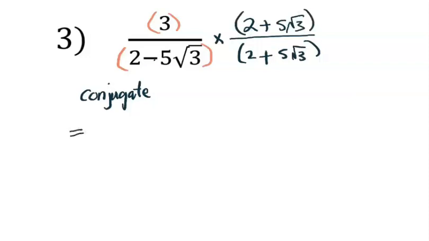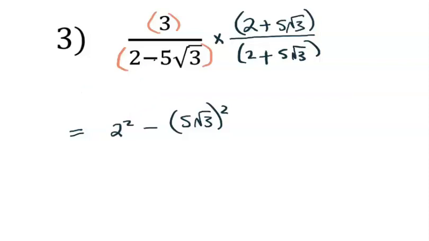When I now look at the bottom, at the denominator, I will just have a difference of squares. So I'll have 2 squared minus 5 square root of 3 squared in the denominator, and in the numerator I will have 3 times 2 plus 5 square root of 3.